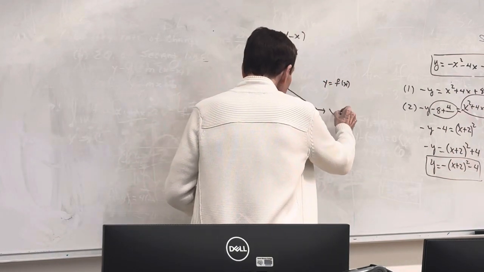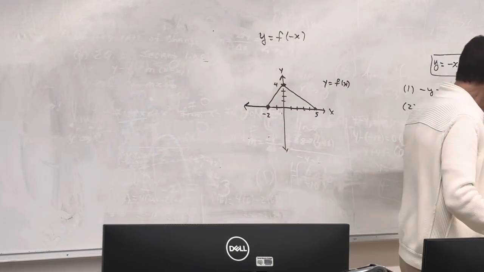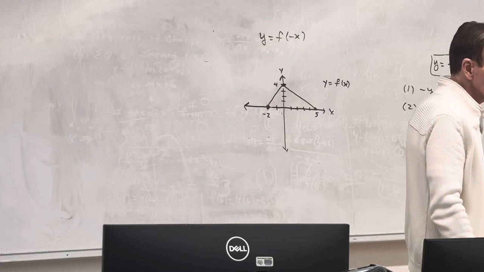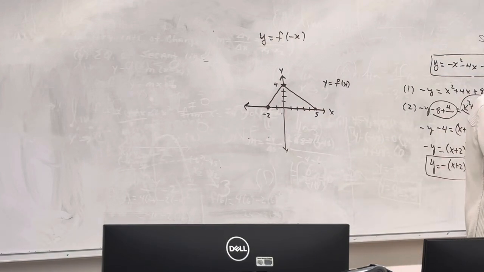Not the x, so it's not going to be one of these. It's flipped over. It's going to be reflected through the y-axis. Can anyone tell me what should I do with those 3 points to try to get that effect? F of negative x. Multiply the x values by -1. I heard multiply the x values by -1.